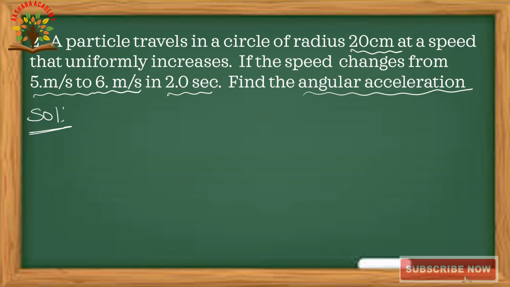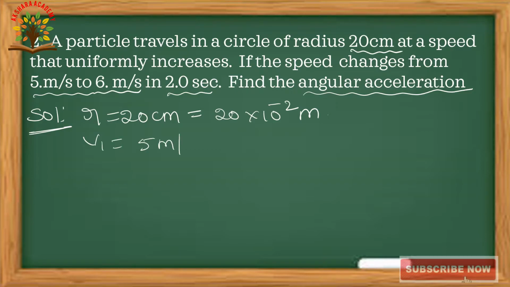They given r is equal to 20 centimeters. Converting into meters, that is 20 into 10 to the power of minus 2 meters. And they given v1 is equal to 5 meters per second and v2 is equal to 6 meters per second.